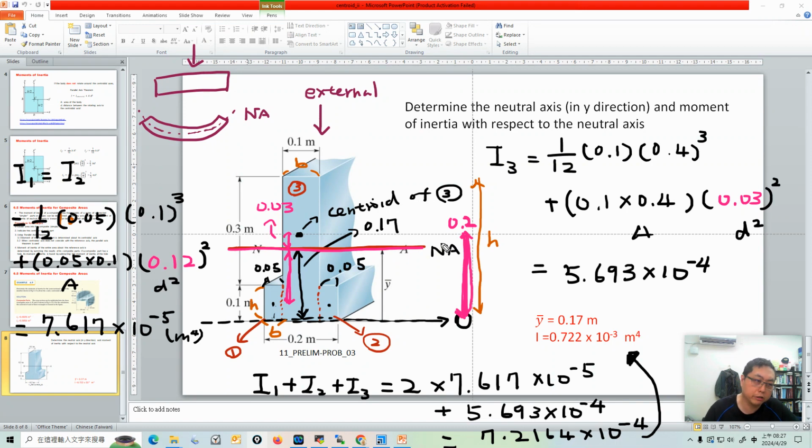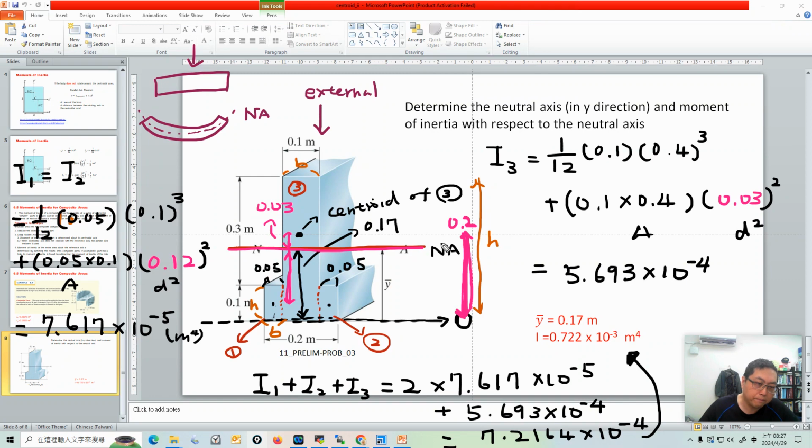The strategy is to divide your composite area into simple shapes, determine the centroid of each simple shape, and then use the formula to calculate the neutral axis of the composite area. After you set the neutral axis, you can calculate the moment of inertia with respect to it.